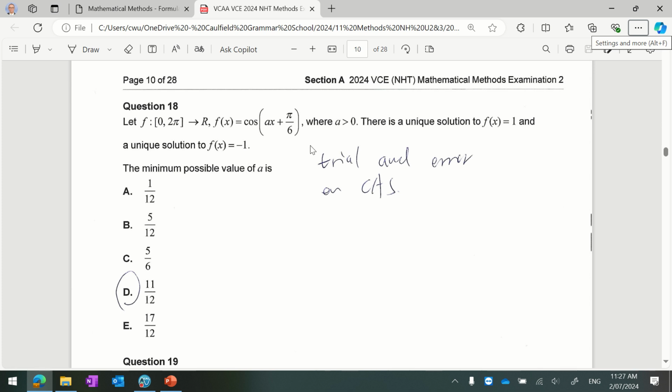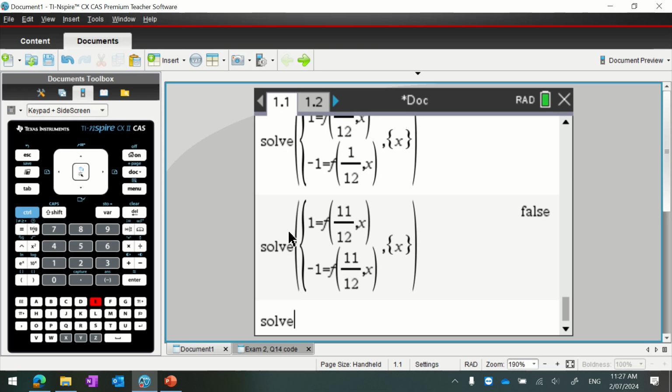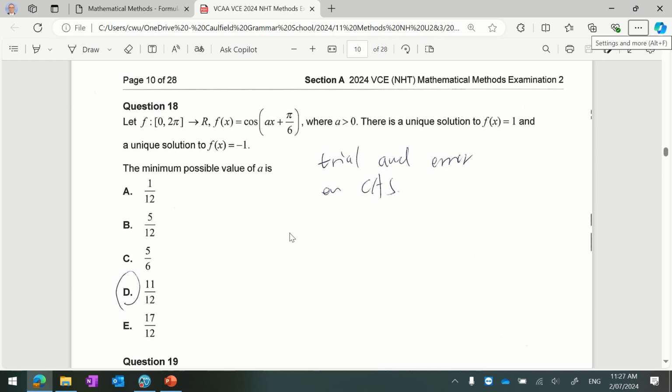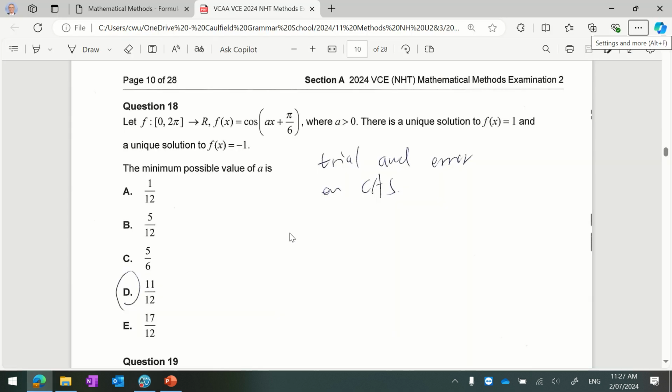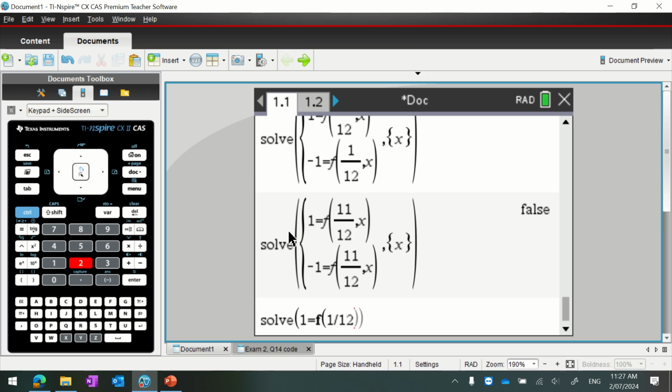Oh yeah, I remember now. I just solved them one by one, actually. I didn't really solve the simultaneous equation. So try the first option again with the domain.